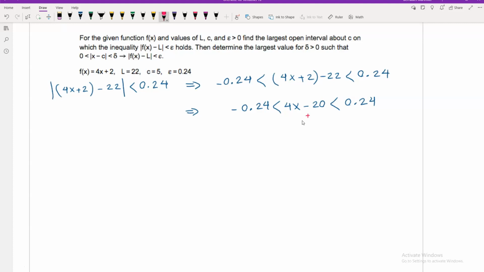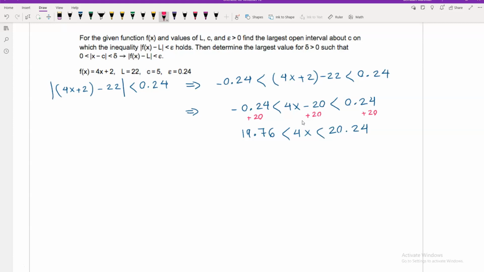Add the same number to left and right side. So x is between 19.76 and 20.24.